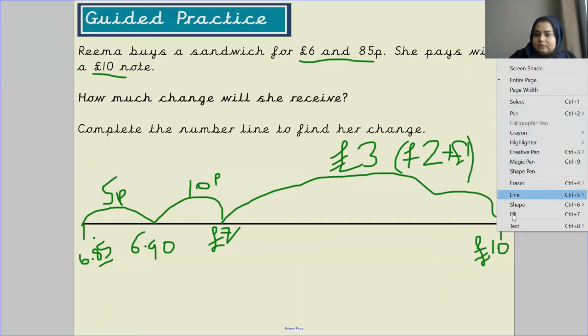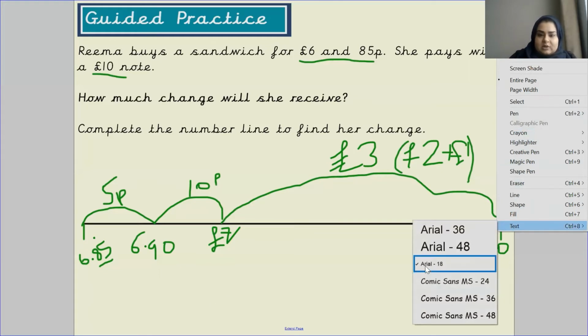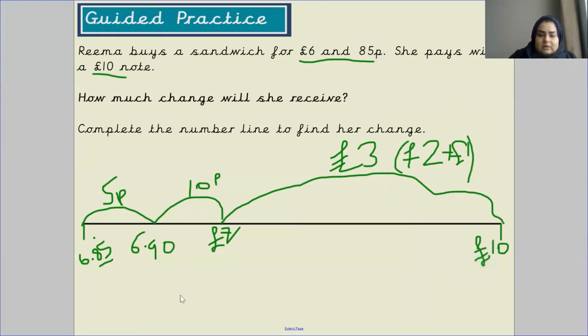Let's work it out. So I'm going to get my textbook up. So Rima gets, we're going to add all these numbers up at the top of our number line, okay? Let's start with the biggest, £3, add 10p, add 5p.